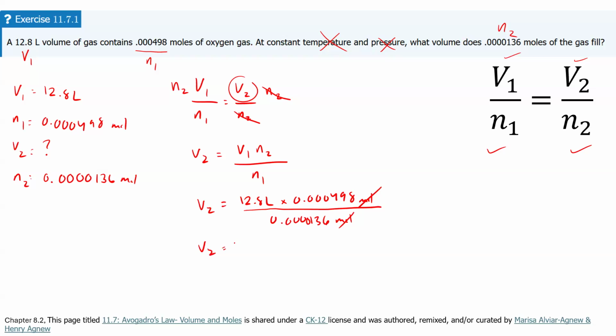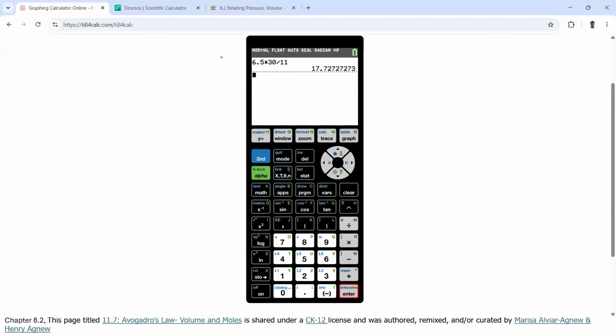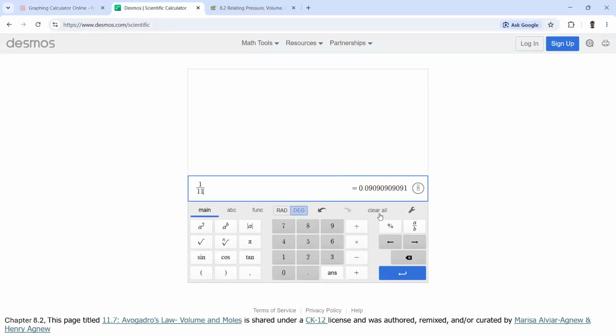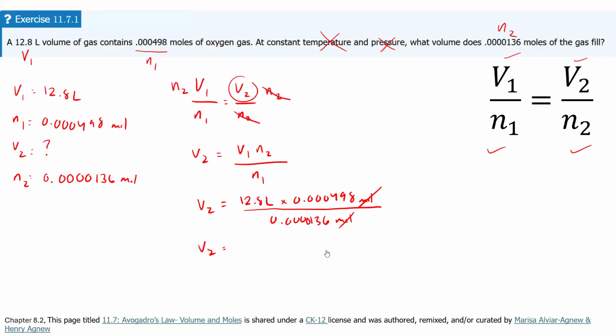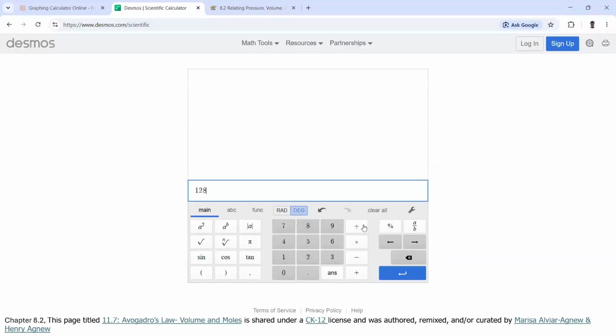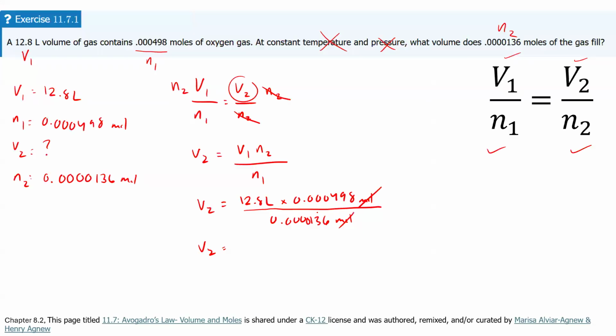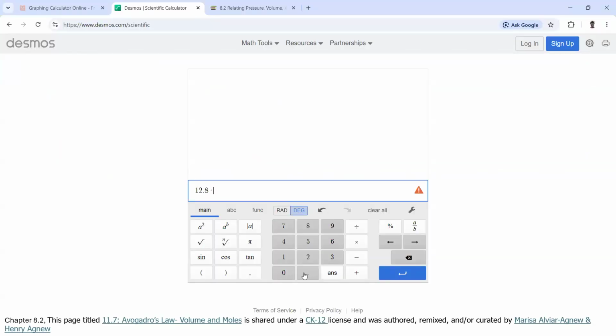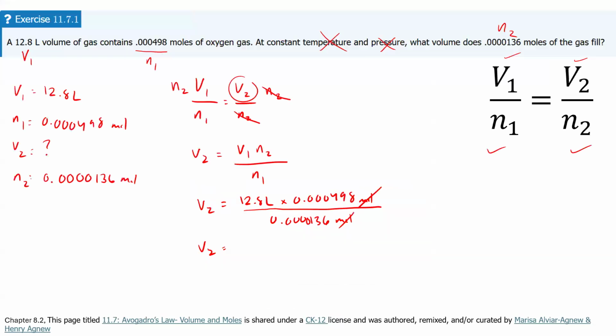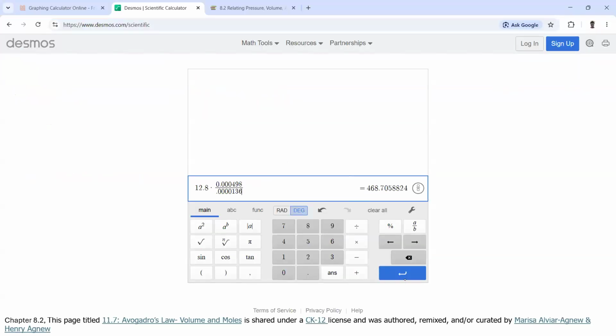I'm going to have to go back and forth quite a bit to get these decimals down. 12.8 times 0.000498 divided by, now I remember this one's 1, 2, 3, 4 zeros, 136. I don't know how I remember that, but I did.